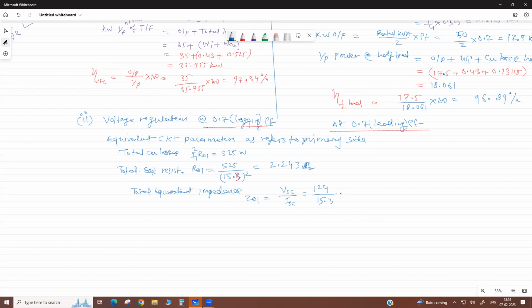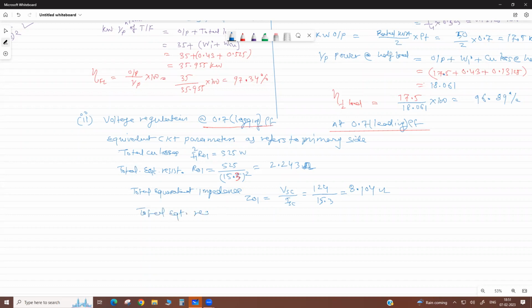And this is 124 divided by 15.3. It comes 8.104. Then we can calculate the reactance.